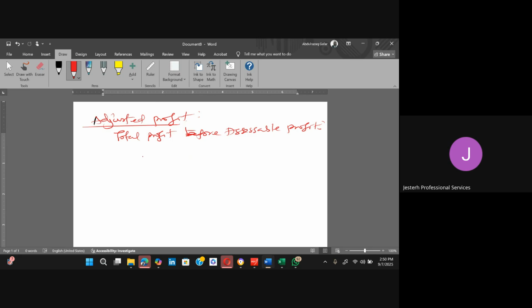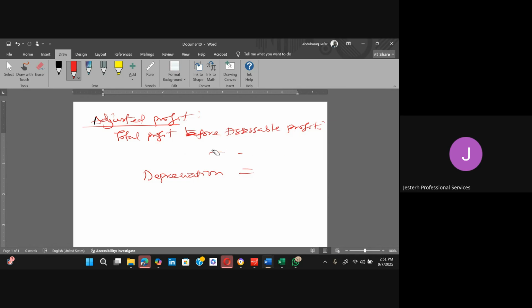We have our accessible profit to be 1 million. Then we have our depreciation, right? So this cannot even be our accessible profits.